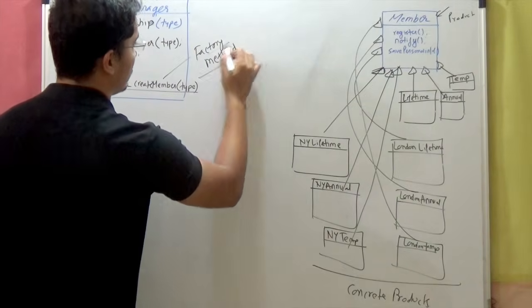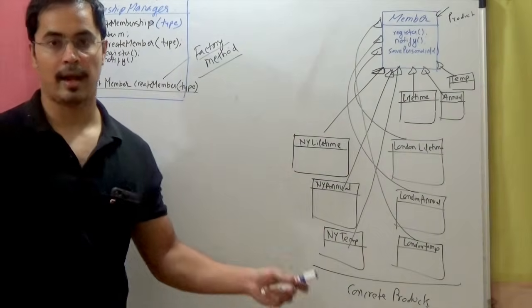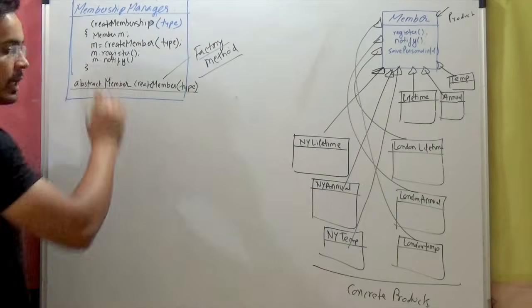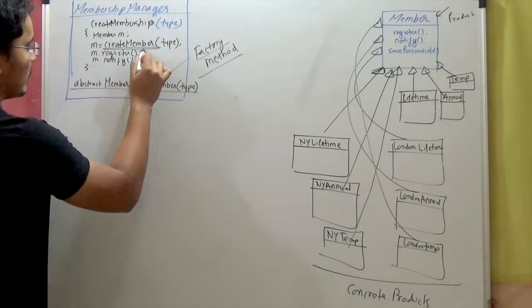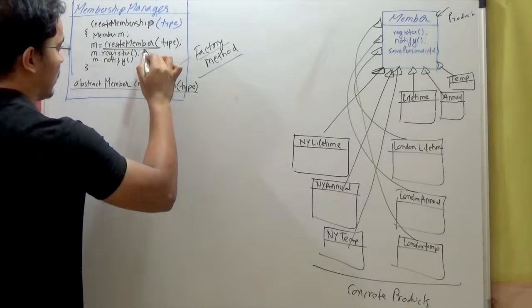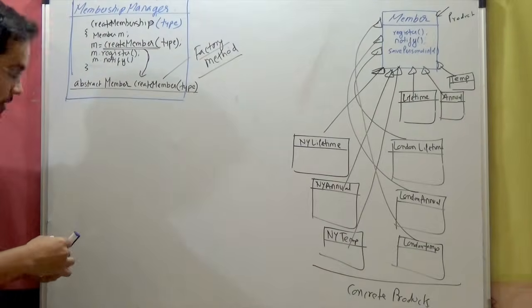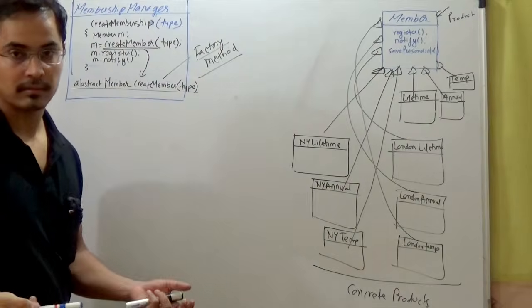We just discussed that. So this is our abstract client now, who is going to consume the product, right? It has one concrete method, and that concrete method is going to call one abstract method, that is create member, right?